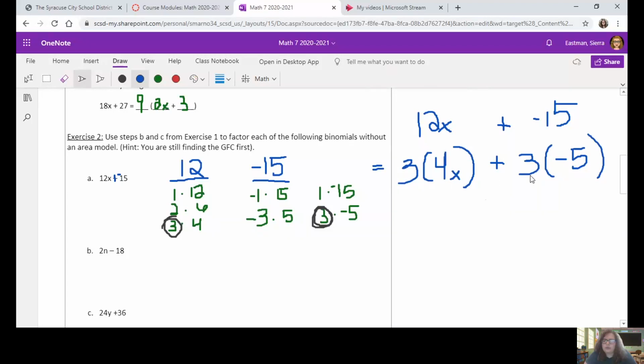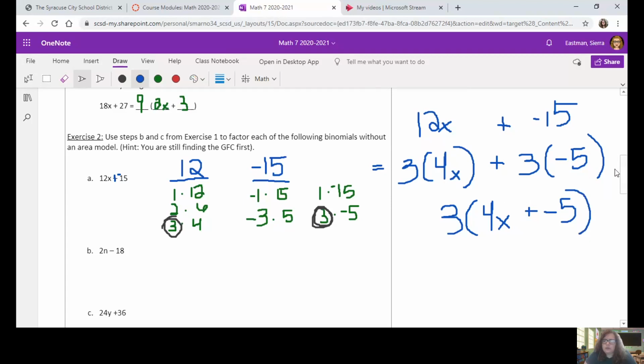So 3 and 3, those are the same GCF. We can put those on the outside of our parentheses to be distributed later if we need to. And our 4x minus 5, or plus a negative 5, turn into our new binomial.